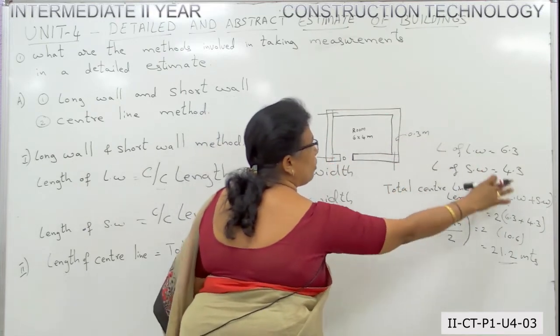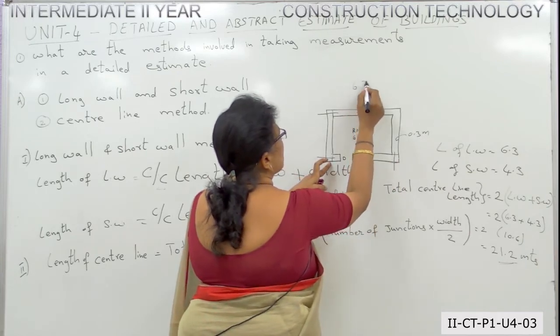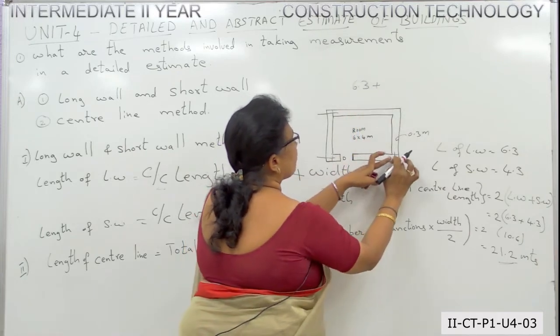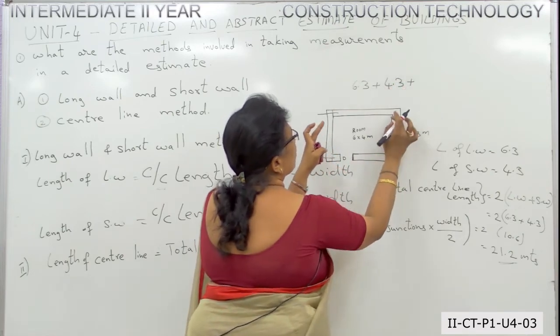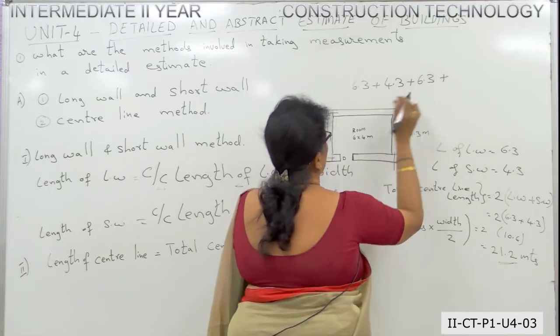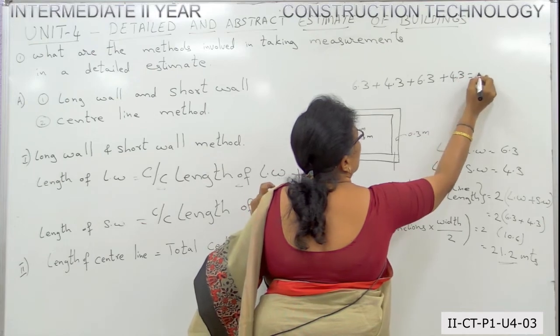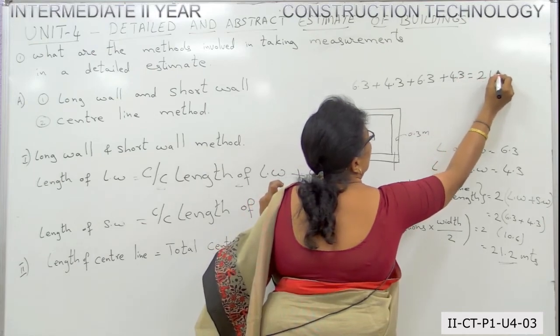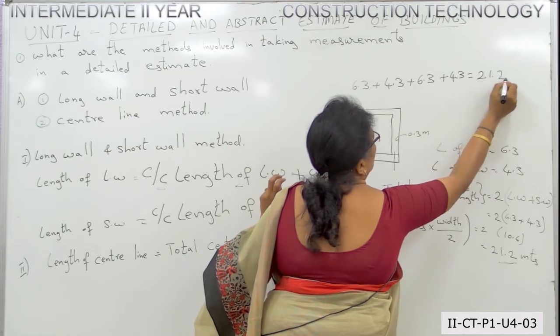But let me explain how you got this. From here to here, how much is it? 6.3. And from here to here, it is 4.3. From here to here it is 6.3 plus from here to here it is 4.3. So the total length of the center line is 21.2.